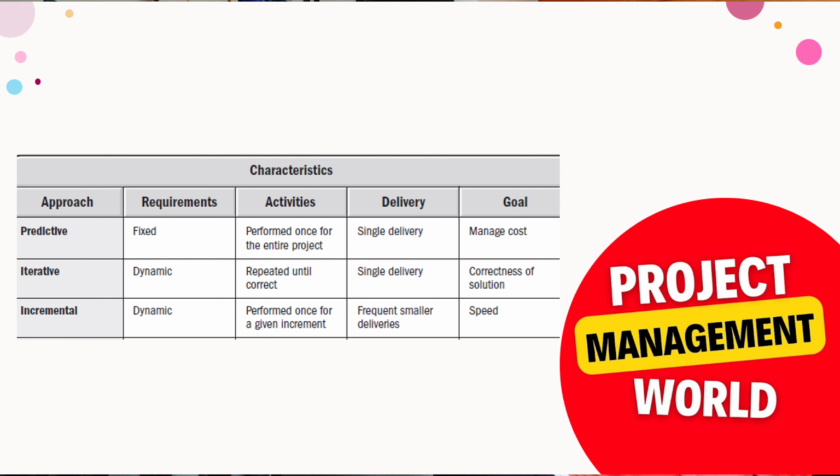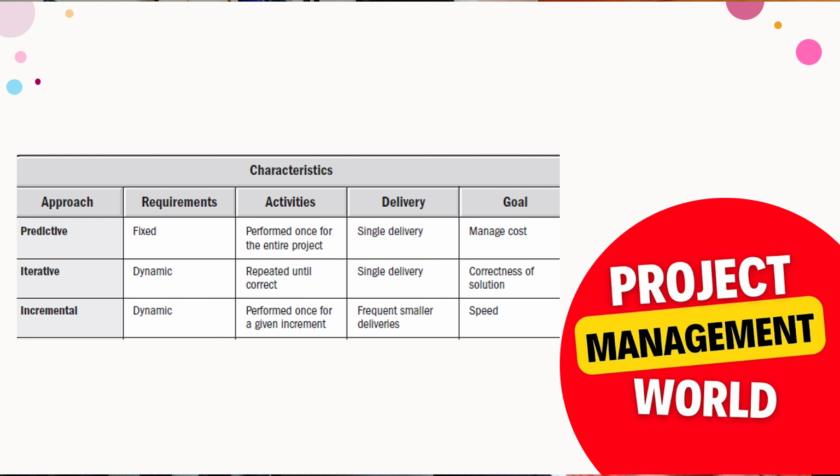For incremental, activities are performed once for a given increment, since we slice it into different parts. For delivery, iterative is a single delivery, and incremental is frequent smaller deliveries.